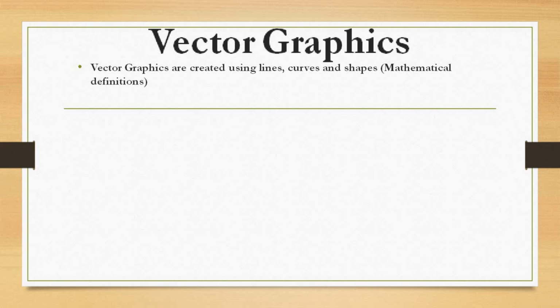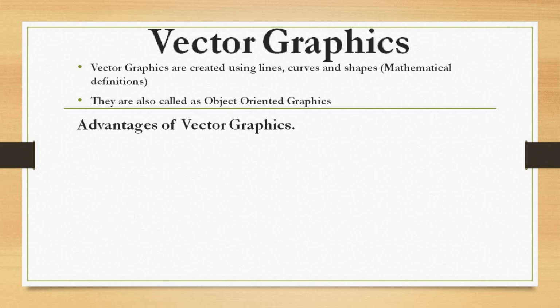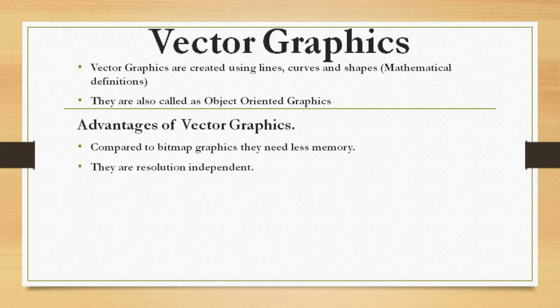These vector graphics are also called object-oriented graphics. What is the advantage of vector graphics? When compared to bitmap graphics, they require less memory space and they are resolution independent. We know bitmap graphics are resolution dependent, whereas vector graphics are resolution independent.